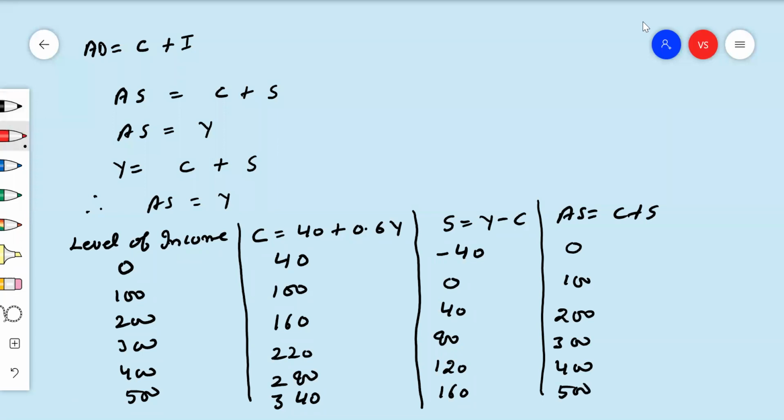Hence proved that the level of income is equal to AS. Look, the values of AS and Y are both the same. So that's why I explained to you that aggregate supply is the sum of saving plus consumption.